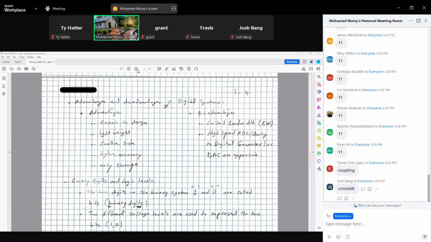Among them, it is easier to design a digital system than analog, because in the design you deal with low levels of voltage, around 5 to 18 volts. This is VCC, the voltage to bias the transistor, and based on the type of the IC it is between 5 and around 18 volts.